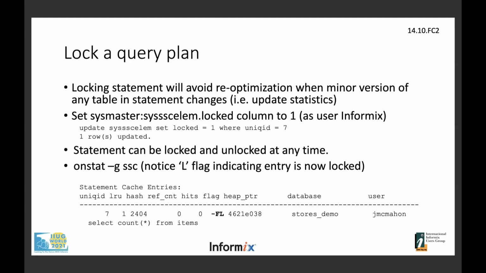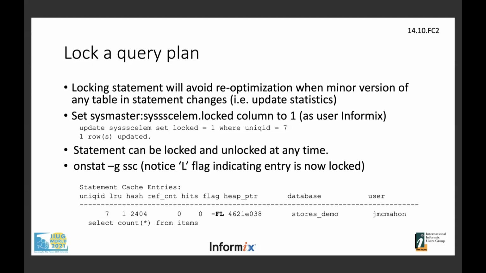And it's all based on the minor version of the table. In Informix, we have what we call a major version and a minor version. Update statistics is one of those that updates the minor version. So it's not a table schema change. It's just something like statistics has changed, so we're going to ignore those. Those are locked in.